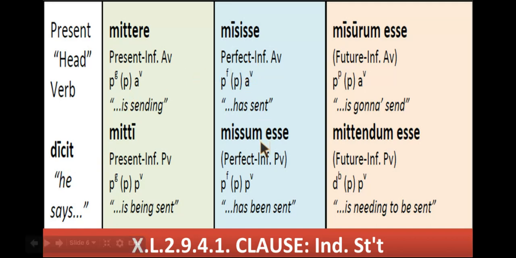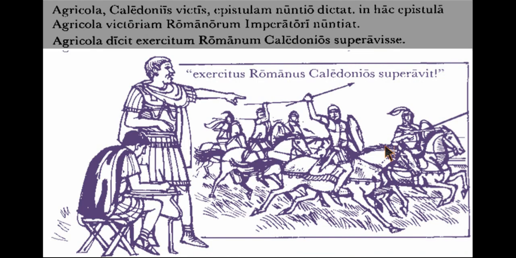Now it's passive, you'll use the periphrastic construction with the infinitive. So participle plus the infinitive, perfective, present, passive, has been sent. And then, of course, is going to send for the future infinitive, and future infinitive passive is needing to be sent.